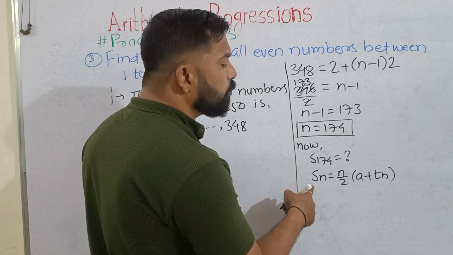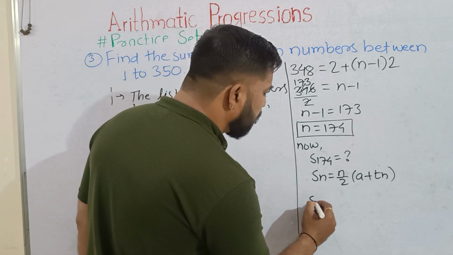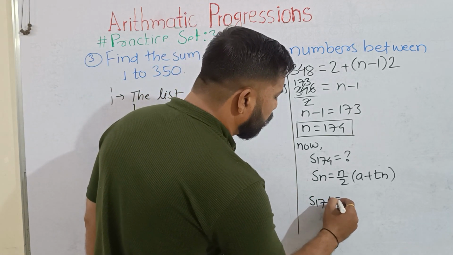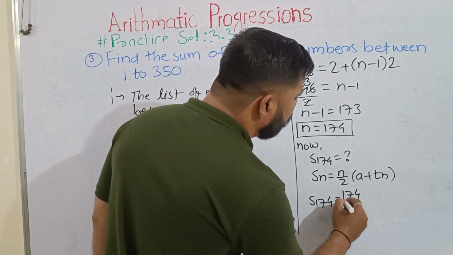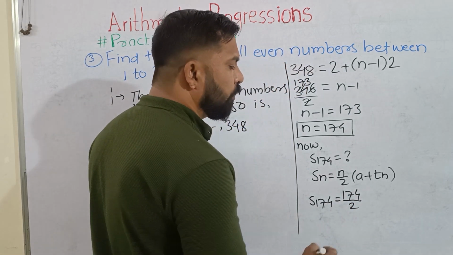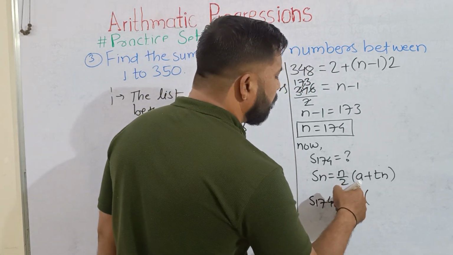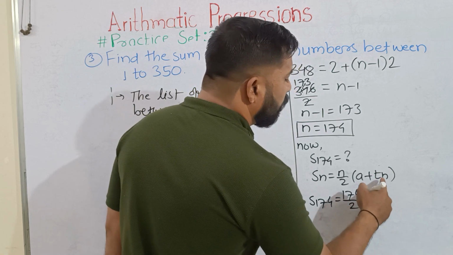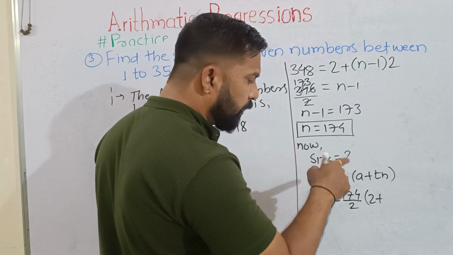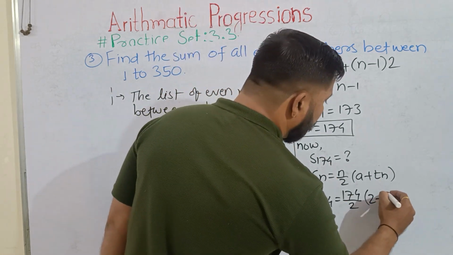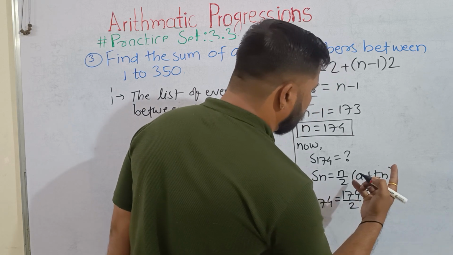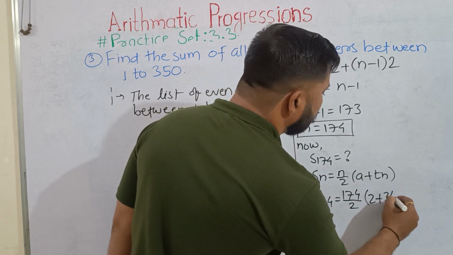Sn, how many terms to be added together? Yes, 174. 174 by 2. What is a? 2. What is Tn? Tn is the last one, 348.